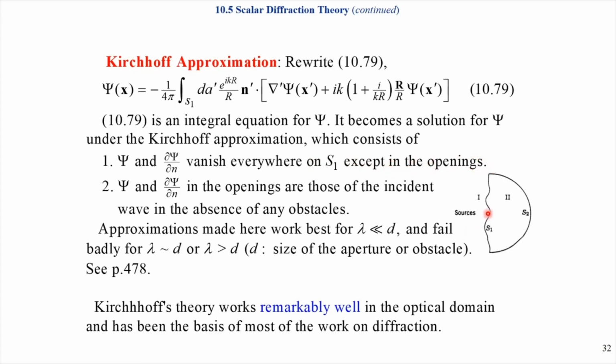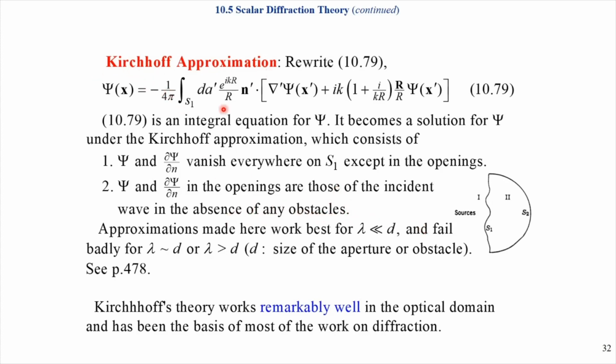So we have a few openings, one slit, two slits, and you can imagine phi will be 0 elsewhere, because no source is blocked by the screen. Good approximation. Second, phi and partial n in the opening are those of the incident wave in the absence of any obstacle.